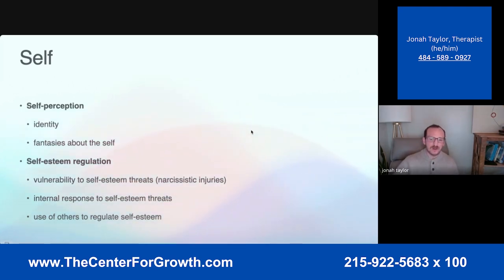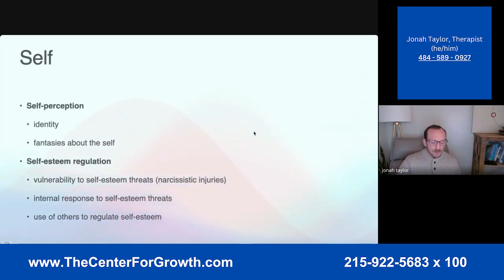There's also internal responses to self-esteem threats. How does somebody buoy themselves in the face of self-esteem threats? There's more adaptive ways and then generally less adaptive ways. So in response to a self-esteem threat, somebody might resort to grandiosity and narcissism, or they could resort, on the other end of less adaptive, to self-deprecation and masochism.